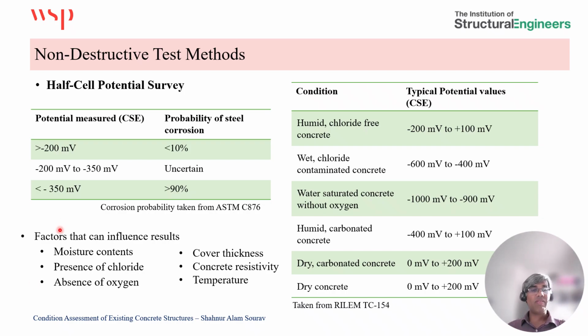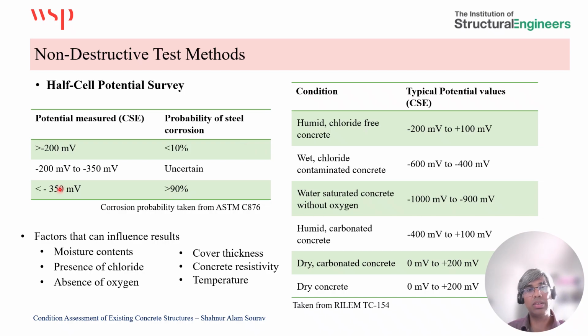Here are the typical values that we use to determine the probability of corrosion of steel. This is a table taken from ASTM C876. If the value is greater than, towards the positive side, we can say there is less probability of corrosion occurring.